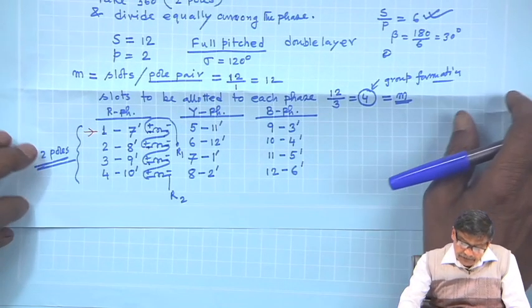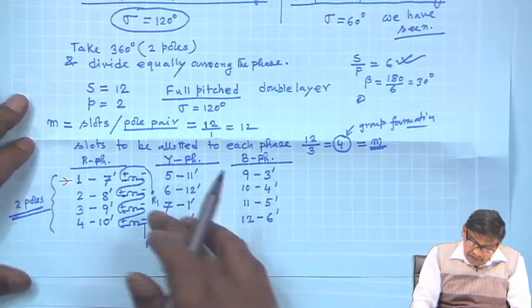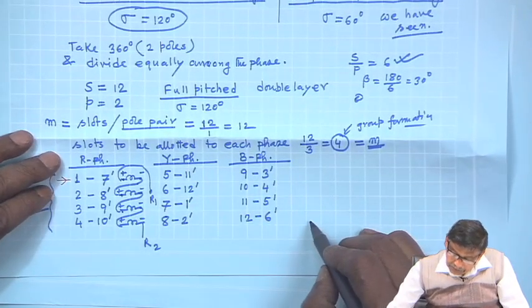So, in 60° phase spread winding, per phase voltage will be like this.